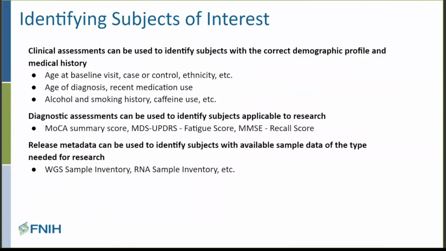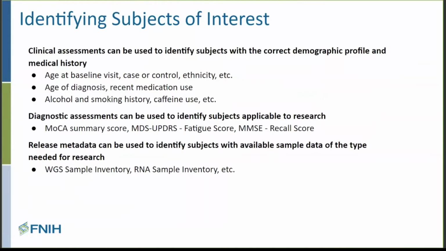You can find the age at their baseline visit, whether they're case or control, race and ethnicity information, lots of information like that. We also have medical history information, such as the age of diagnosis, what recent medications they're on, and again, alcohol and smoking history, caffeine use, lots of other environmental information.